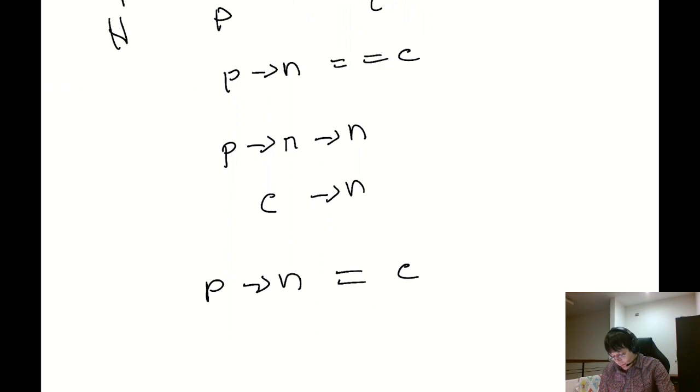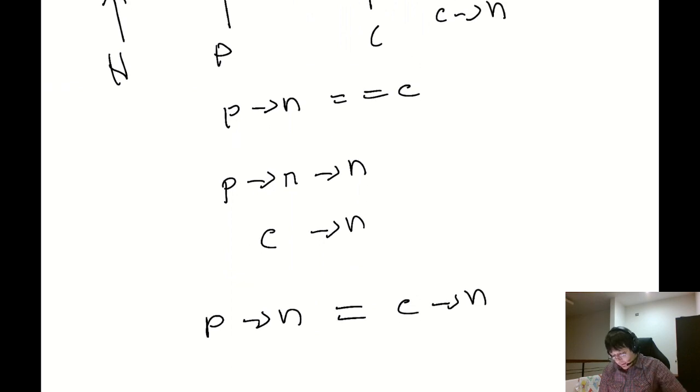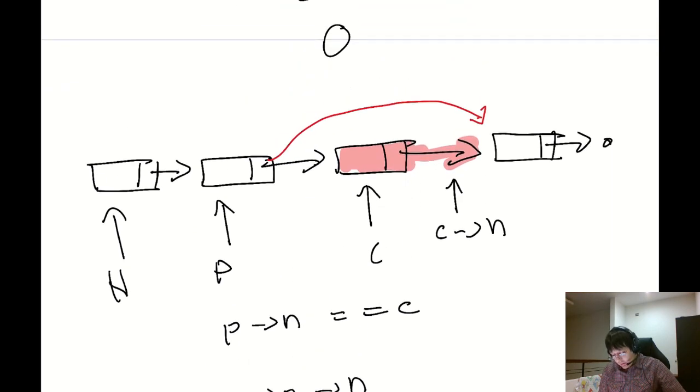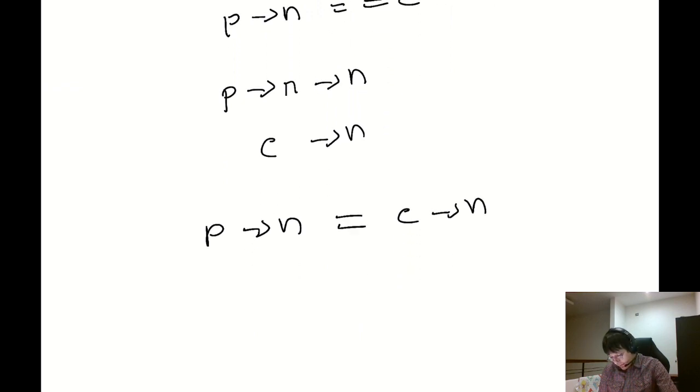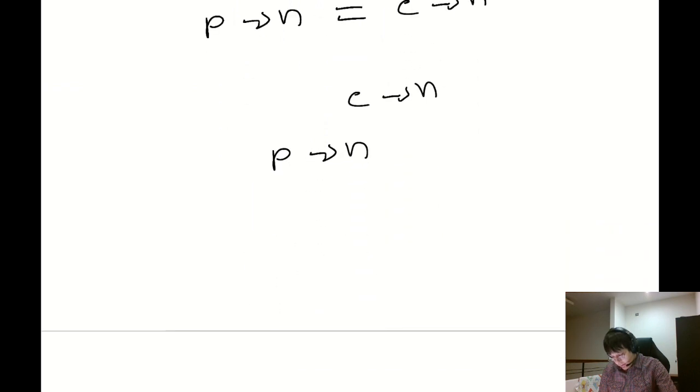So I could say previous next gets cur next, but since I know that Pn is equal to C, I know Pn is equal to C, right? Well, then I can just replace C with Pn.